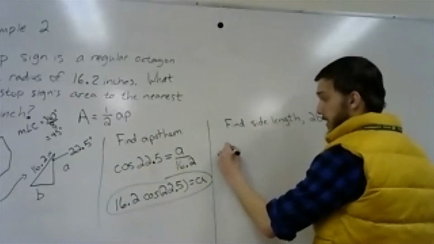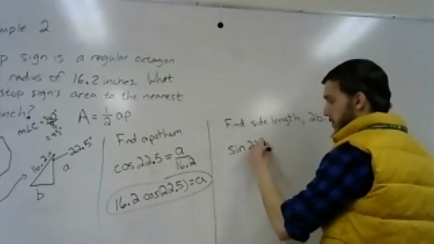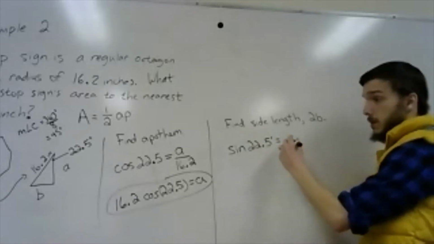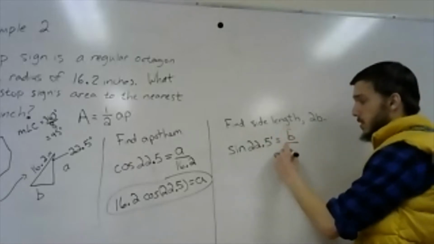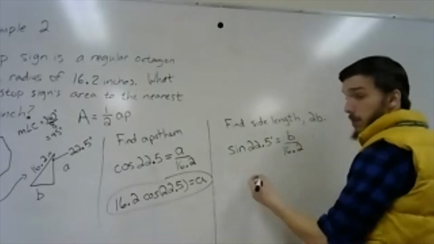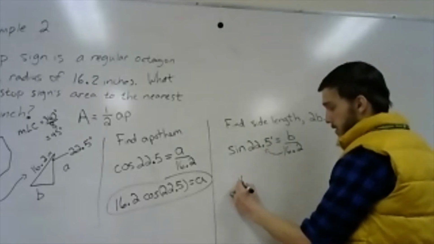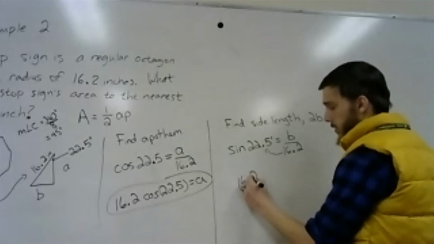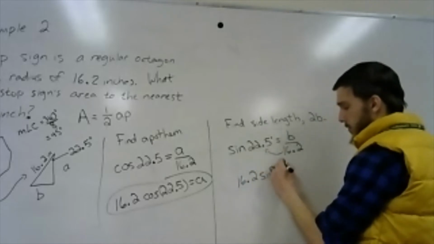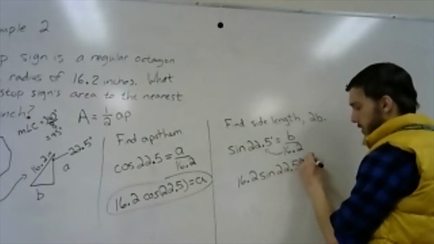Sine of 22.5 degrees is equal to B over 16.2. In other words, multiplying across, B is equal to 16.2 times sine of 22.5 degrees.